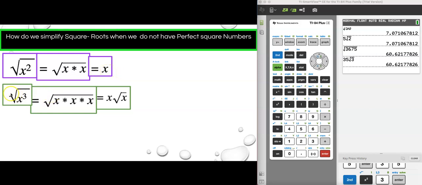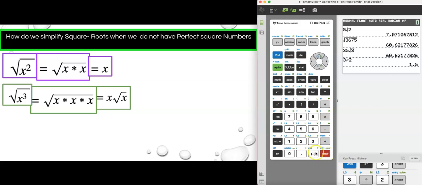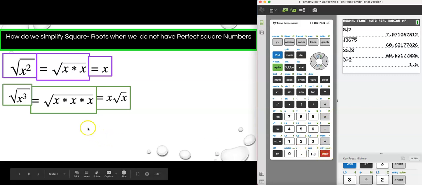Well, over here, 3 divided by 2, because 2 is our index number still, is not going to give me a whole number. Let me show you what I mean. 3 divided by 2 is like 1.5. So that tells me that I can pull out 1 x.